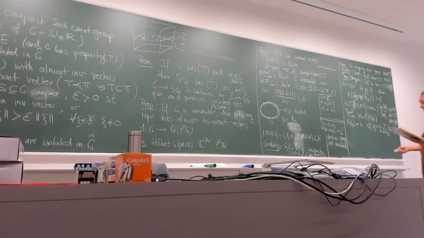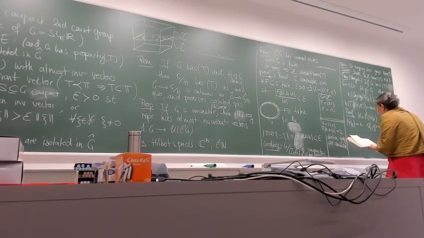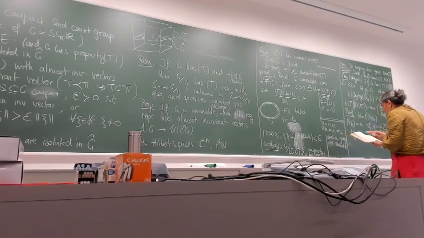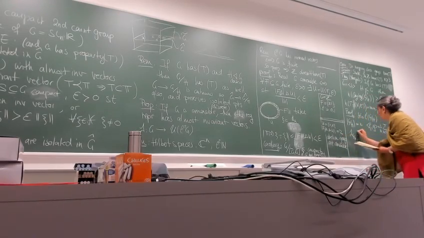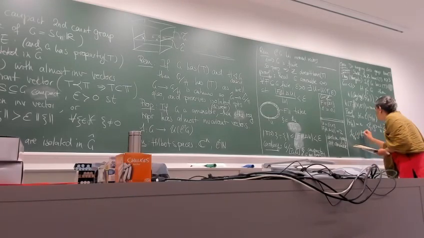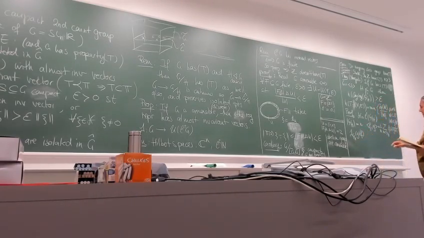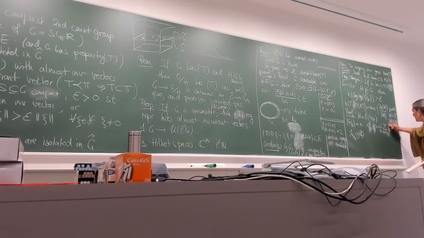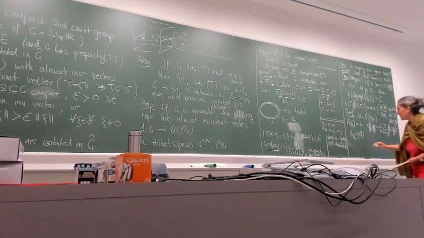So that's an inner product, and you have lambda, the semi-regular representation. Oh, right, bad notation. Psi, eta.